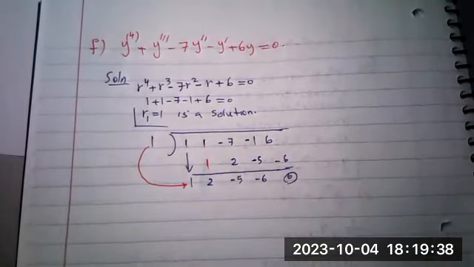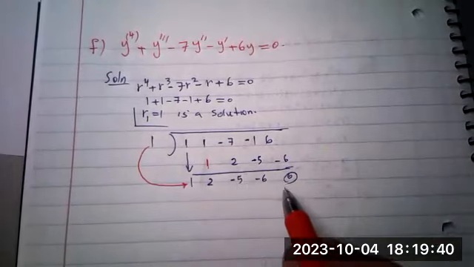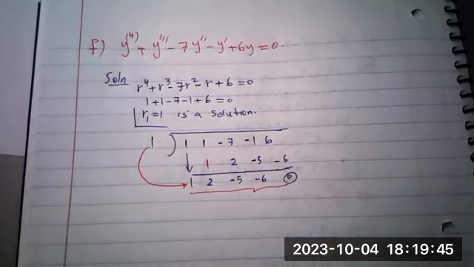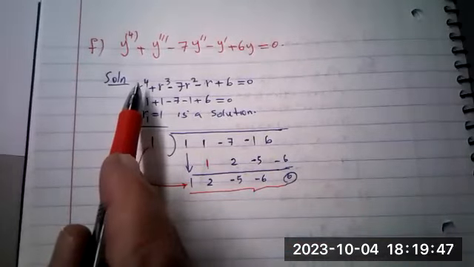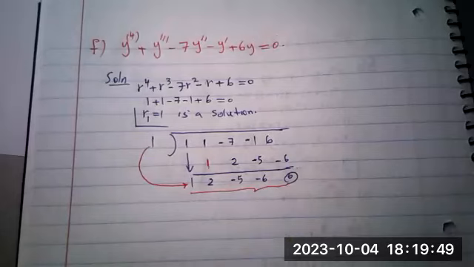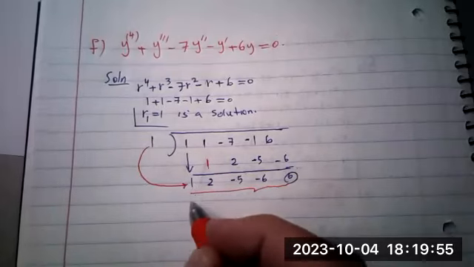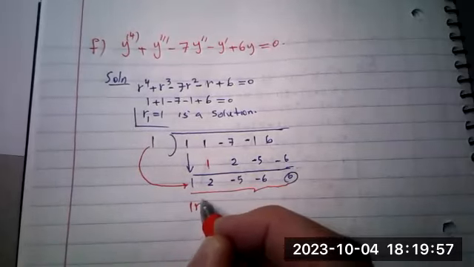Now, when you divide, we call this the shrinking polynomial. You start with r to the 4th, so your quotient would start with 1 times r to the 3rd. I write it down: 1 r cubed.